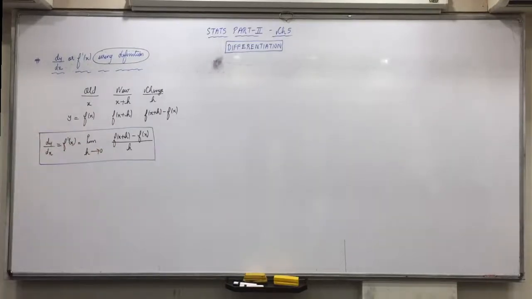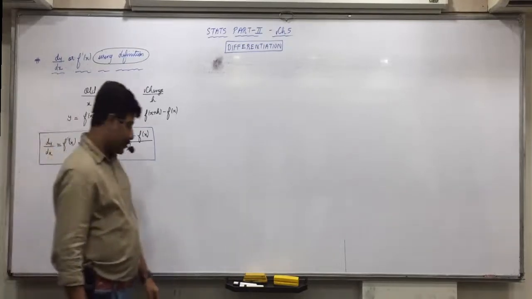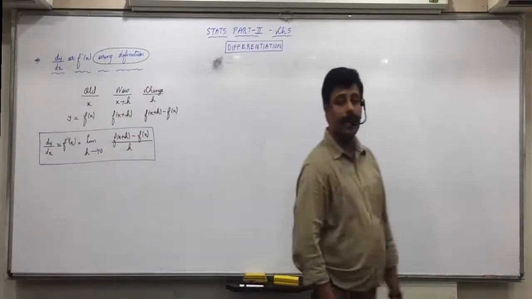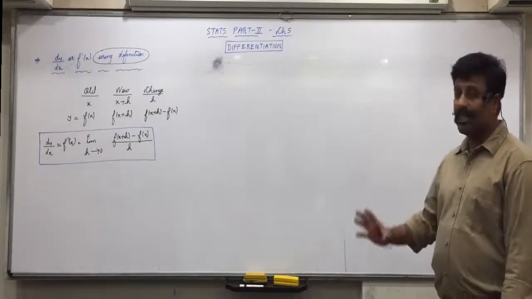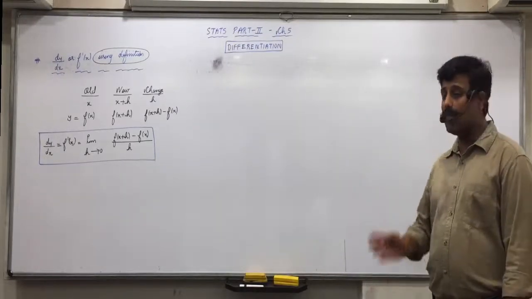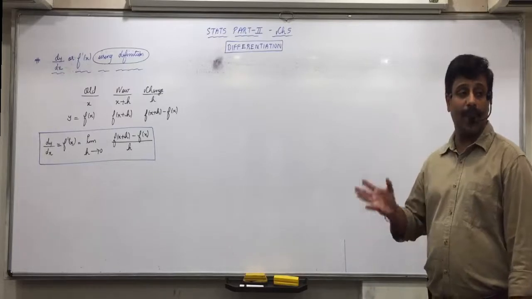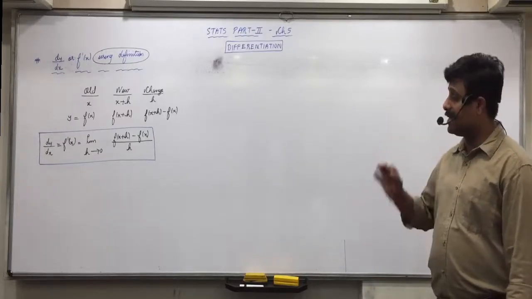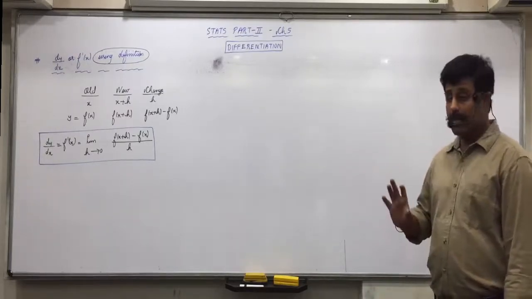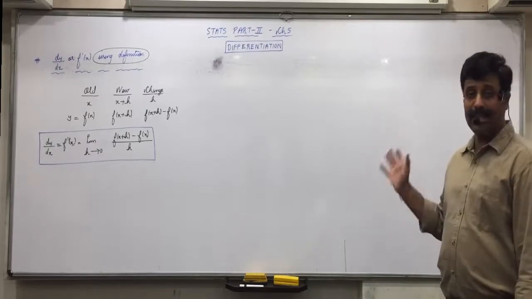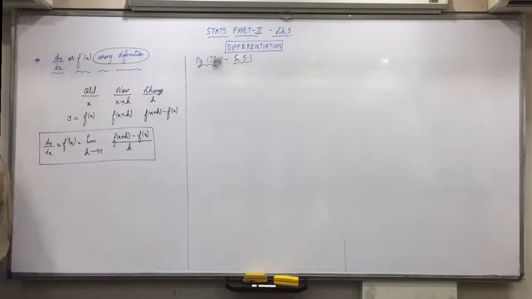So everyone is clear with the definition formula. If you go with the definition, the formula to find dy by dx is limit h tends to 0, f(x plus h) minus f(x) divided by h. All these examples we have practiced in limits, so it's just a revision of limits.